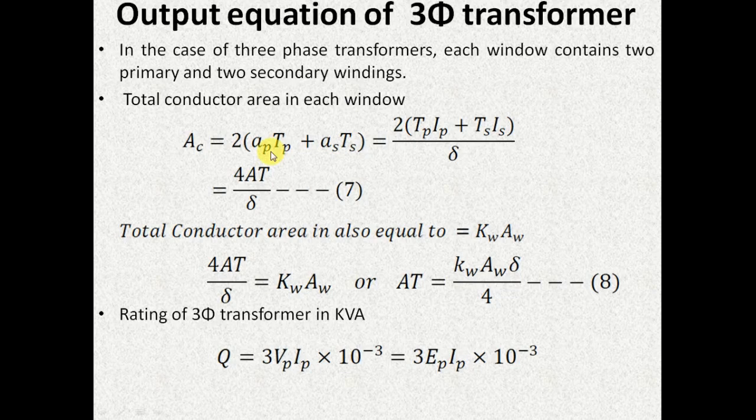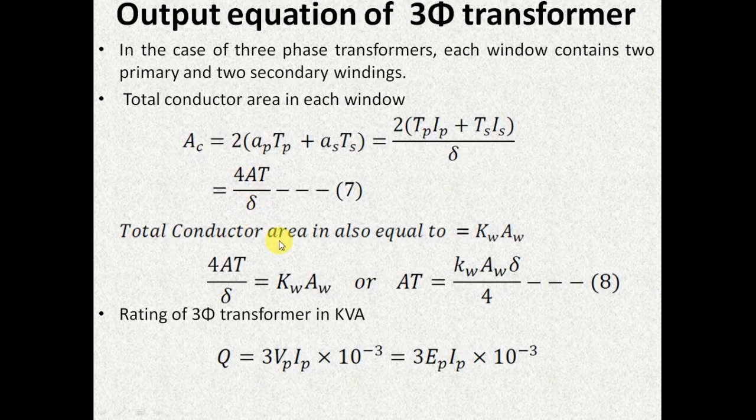Thereafter, make the substitution of Ap as Ip by del and As as Is by del, and Tp into Ip is equal to Ts into Is is equal to AT. Making that substitution also, you will get the relation for Ac as 4AT by del. In the case of the single phase transformer, we obtained this relation as 2AT by del.